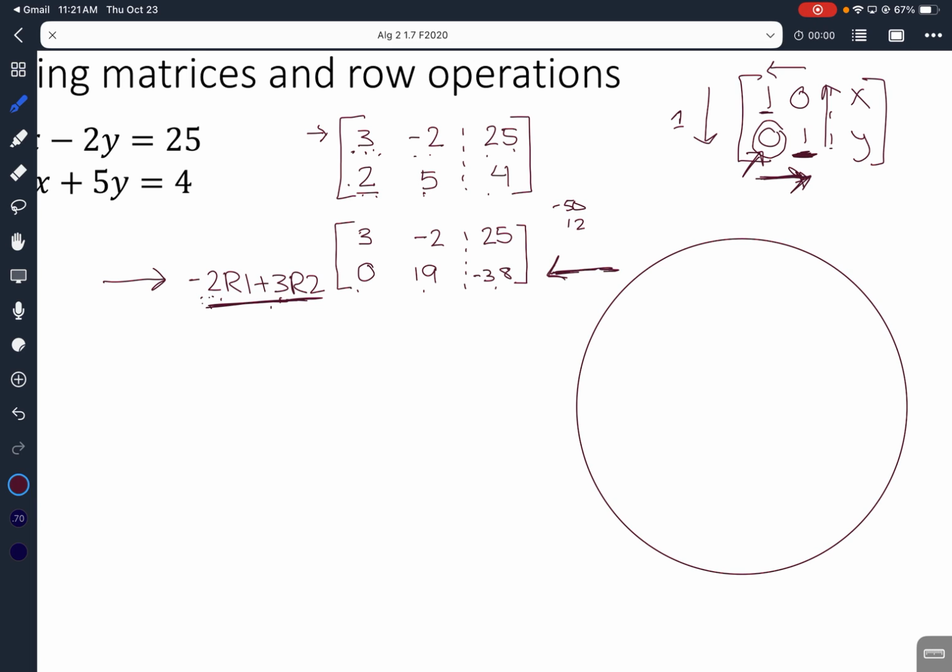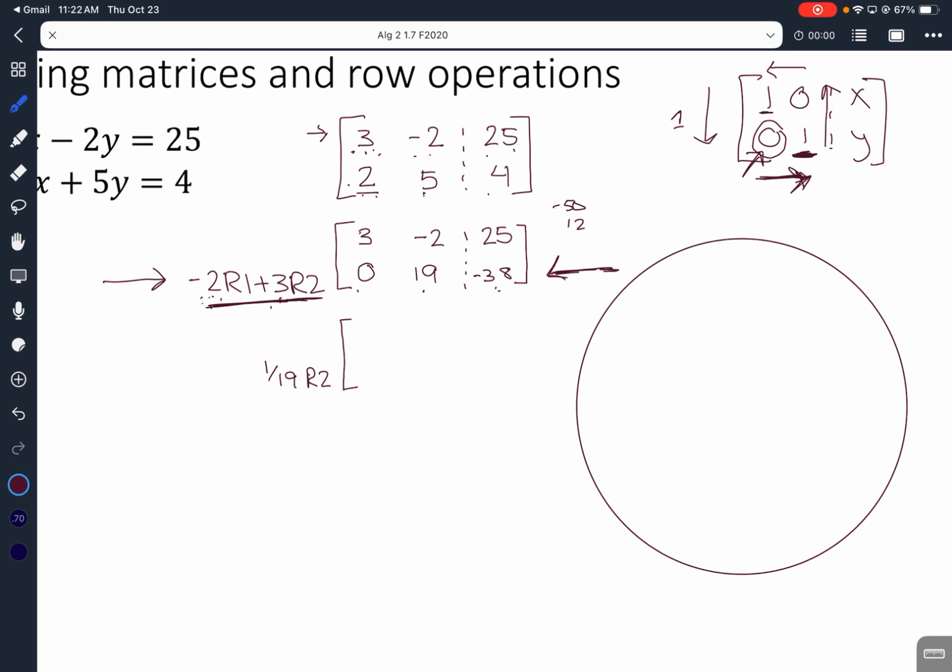And for my second step, I like to go this way, and I like to get this to be 1. Well, I bet 19 times 2 is 38, isn't it? So I'm going to take 1/19 of R2. Now, if row 1 was all divisible by 3, guess what? I'd take 1/3 of it. But is it all divisible by 3?